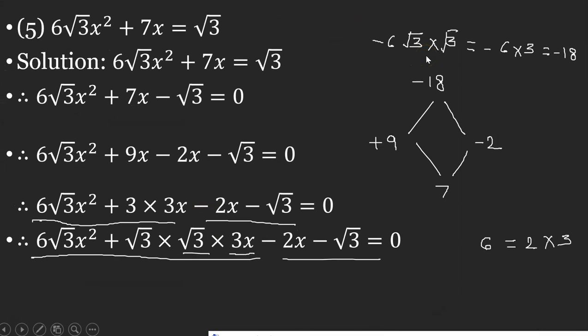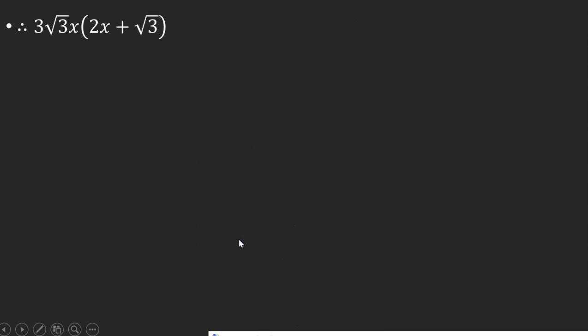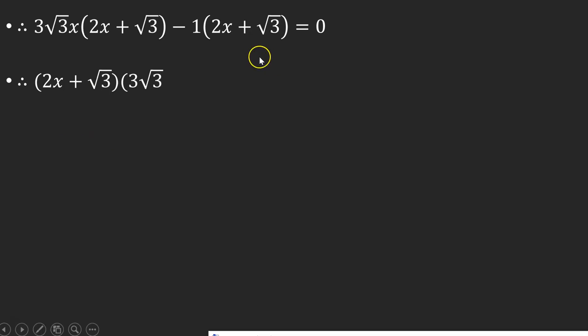Now the next is: 2x plus root 3 is common to both, and what remains is 3 root 3 x minus 1. Therefore in the first bracket 2x plus root 3 and in the second bracket 3 root 3 x minus 1, and that's equal to 0.